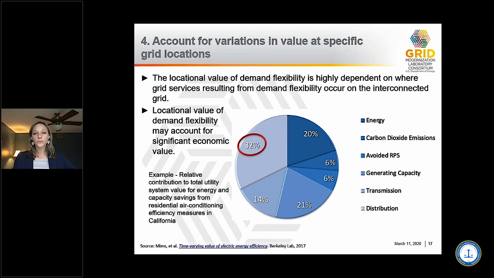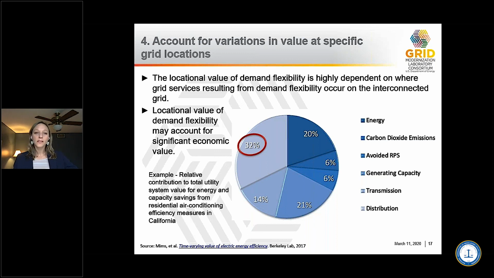It's that top kind of dark blue corner of the pie chart. And nearly half of the benefits, which is the 32 plus the 14, so 46% of the benefits of the residential air conditioning savings are coming from the locational benefits on the T&D system. So actually that 14% should have a circle around it as well.